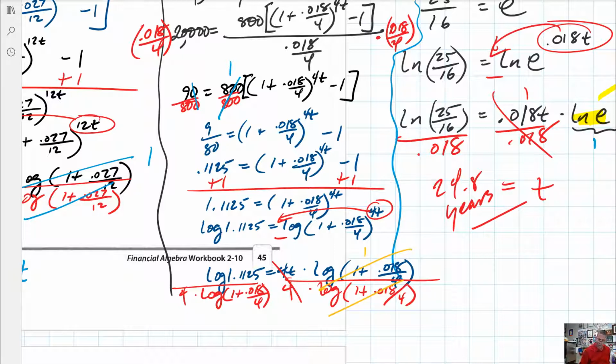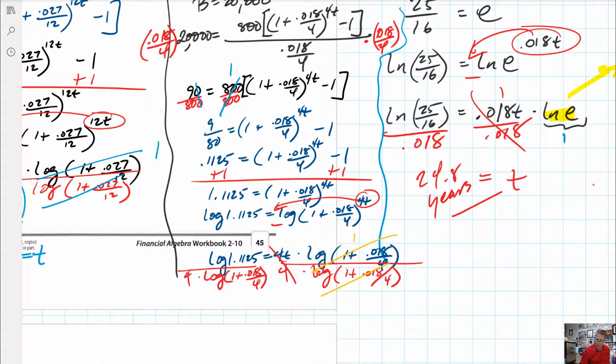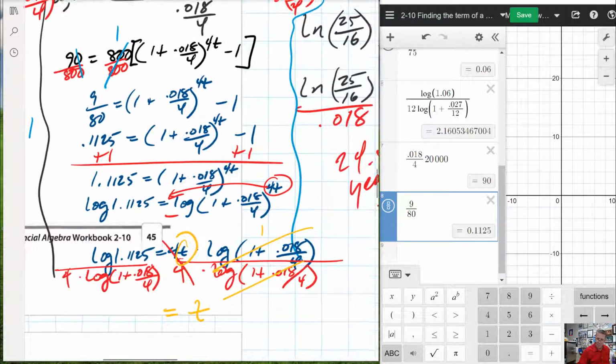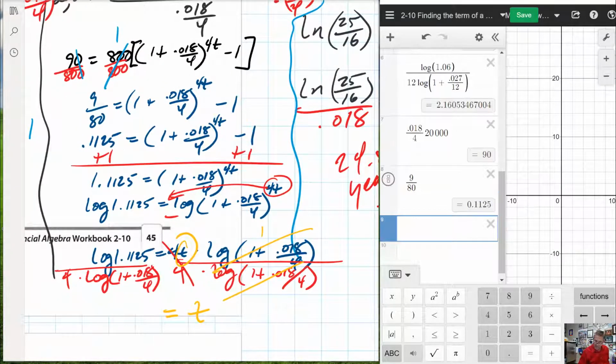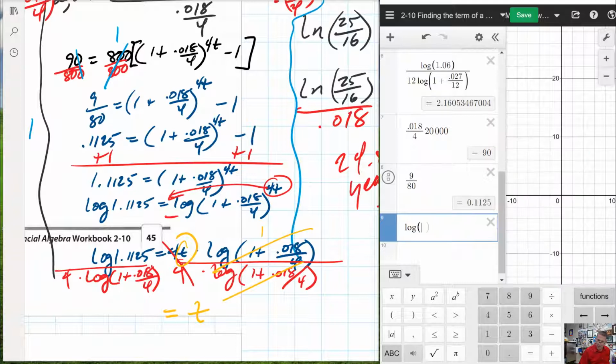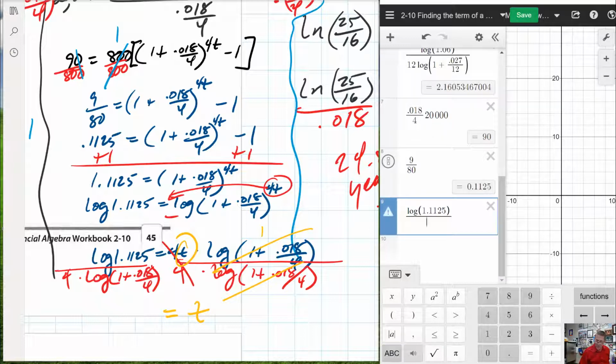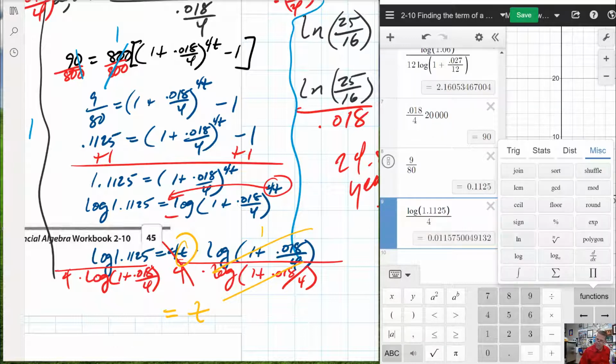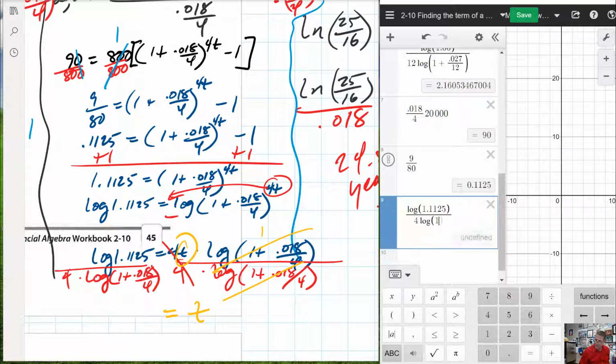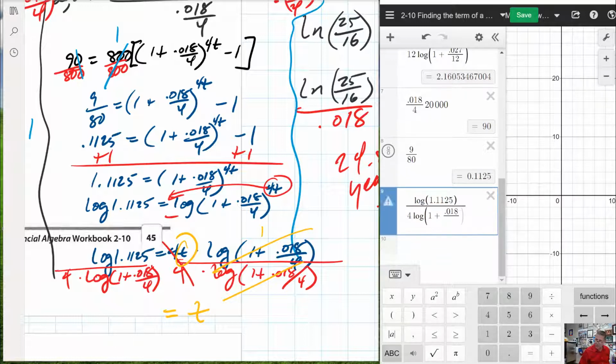So at this point, we enter it in Desmos. What is t? You're trying to find t. So we go to Desmos and type it in. The last calculation: log of 1.1125, close it off, divided by 4 times the log of 1 plus 0.018 divided by 4.